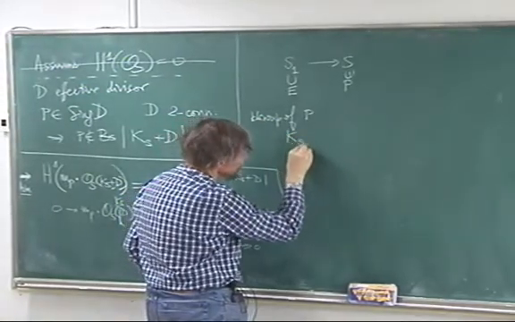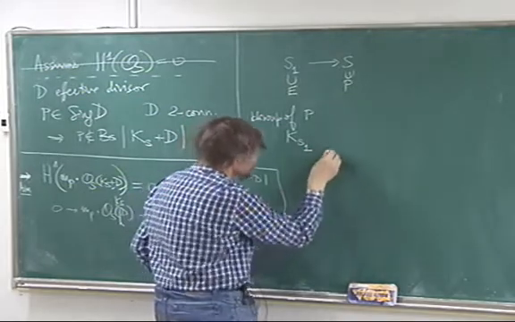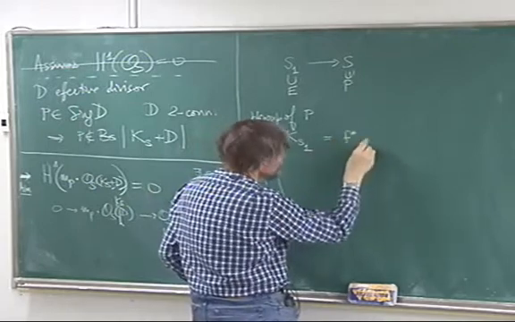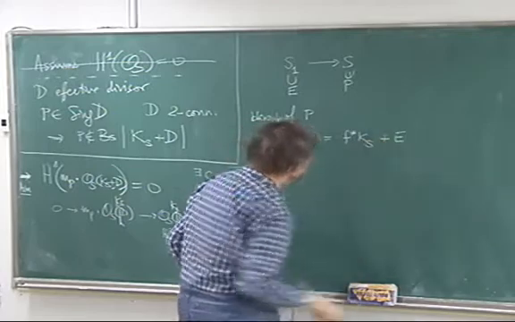I can write down the canonical sheaf of S1, KS1, and this is equal to F upper star of KS plus one copy of E.